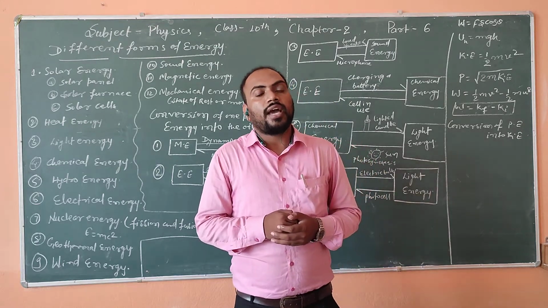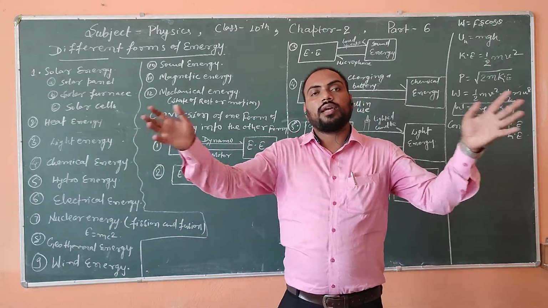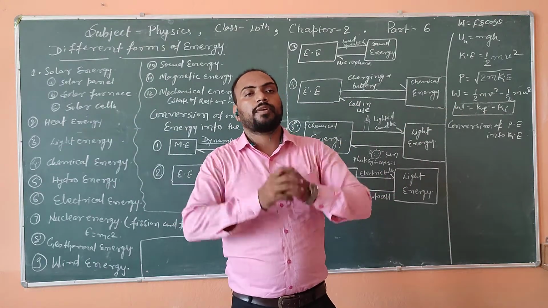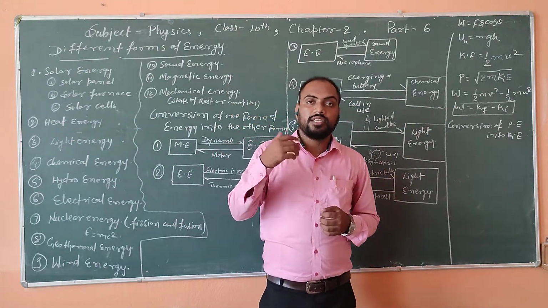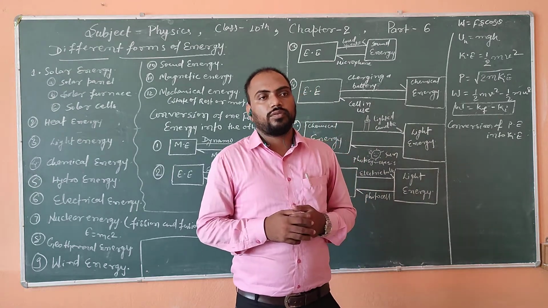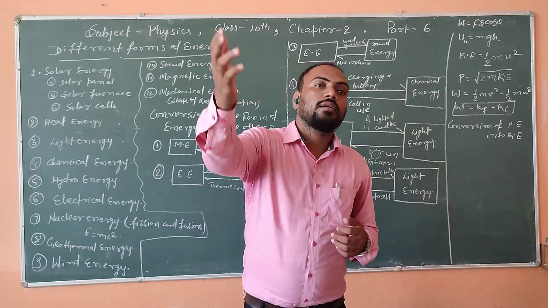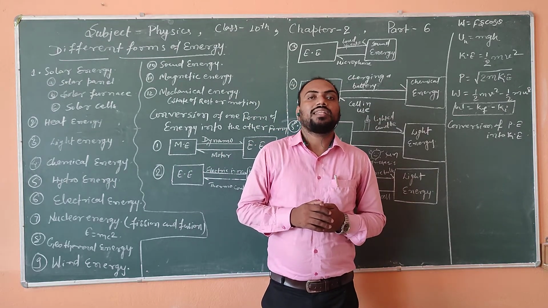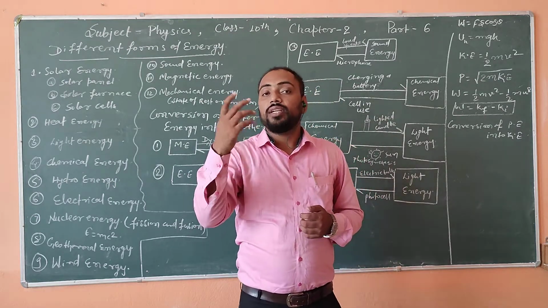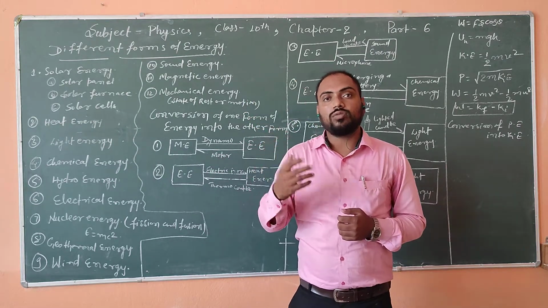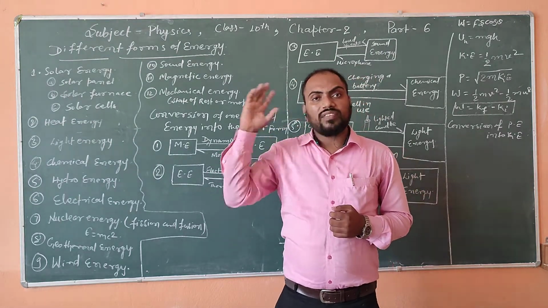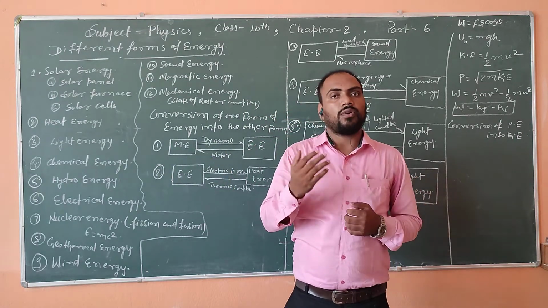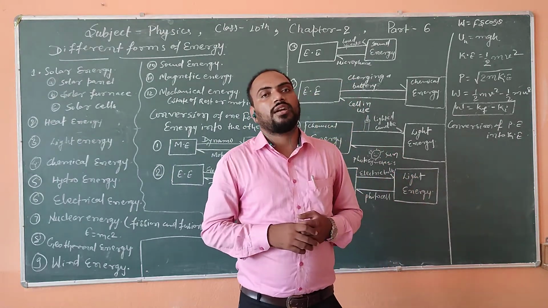Okay, we have to speak in an auditorium where a large number of people are sitting, and there is a need of louder sound. If I speak normally, the last two portions of the auditorium will not be able to listen. Okay, then we need sound energy. Okay, to get the required form of energy from a particular form of energy, there is a need of conversion.